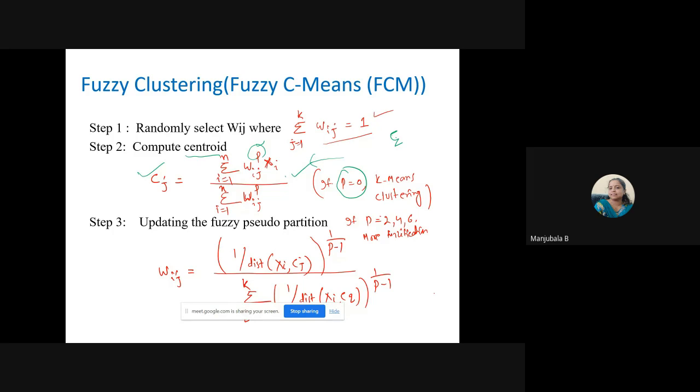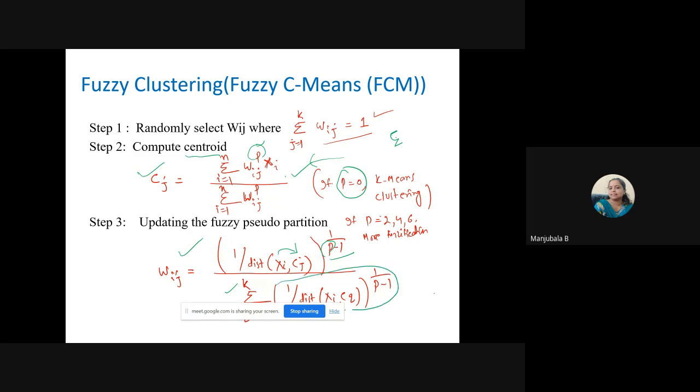Okay. Once you have updated the centroid, you have to update the weight matrix like this. Wij will be 1 over the distance of point xi with respect to cluster cj, whole power 1 by p minus 1, where p is the weight influence, divided by the summation of this factor over all the clusters, j equals 1 to k.